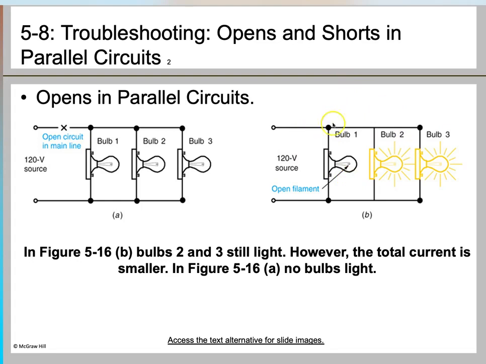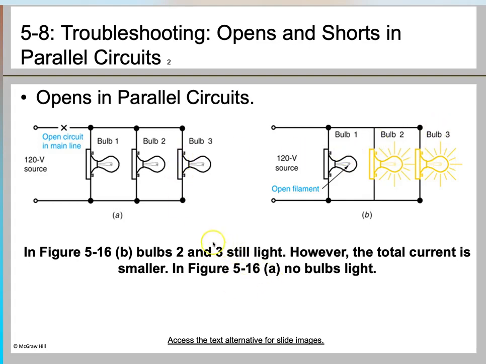And that's what you see here, that bulb 2 and bulb 3 are still bright because the voltage they are receiving is the same. The filament is not good here, so this will be treated as your open, and the rest of these two branches will receive the current, and these two bulbs will be lit.